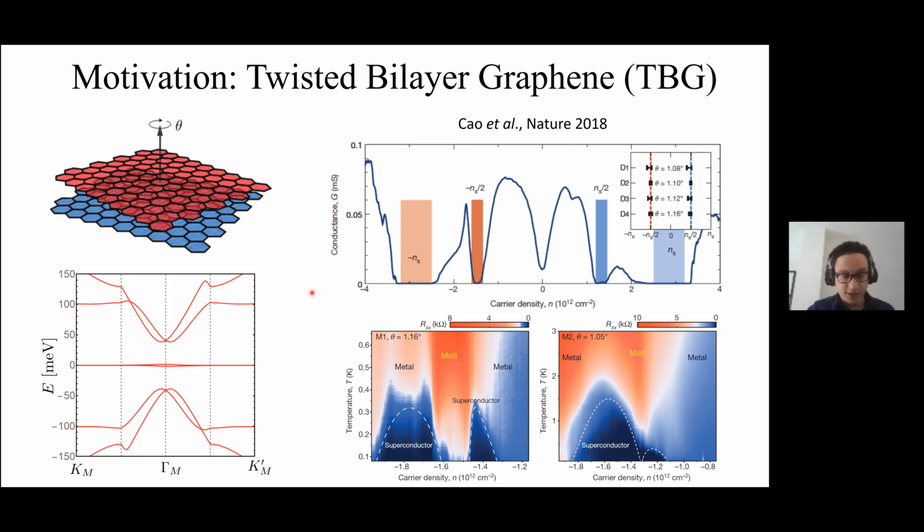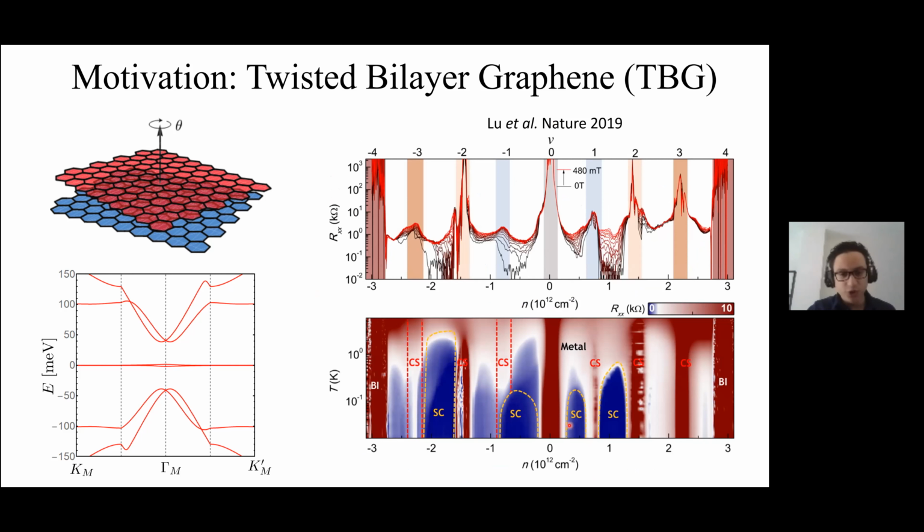And they also found superconductivity flanking this neutrality insulator. I won't go into the details of how these samples or these different systems differ from each other. It's still under debate, but I just want to show that we have signatures of correlated insulators and superconductivity, both close to half filling and to neutrality.